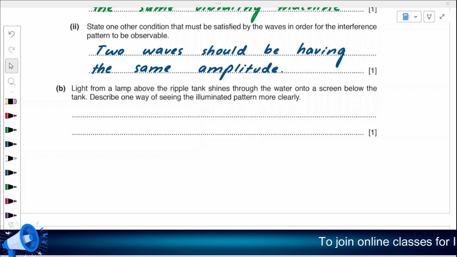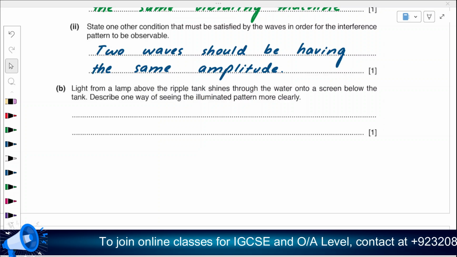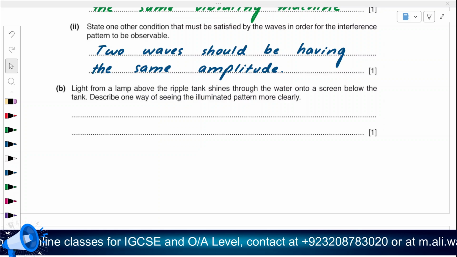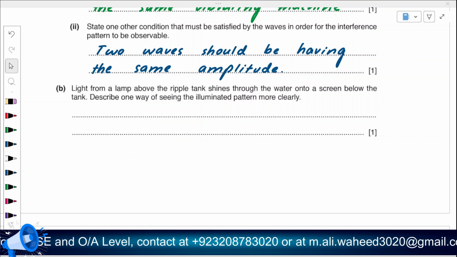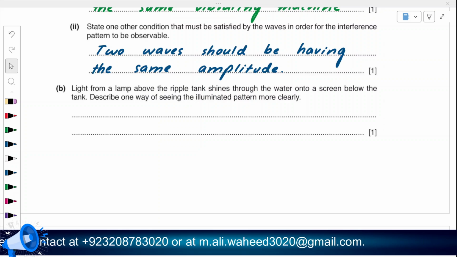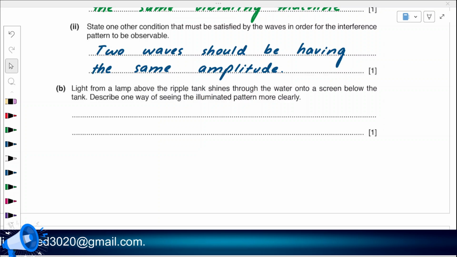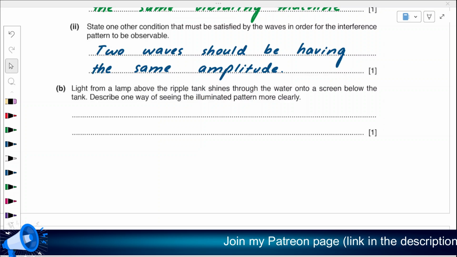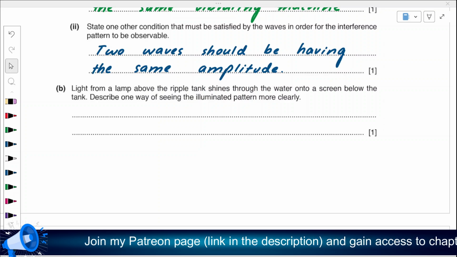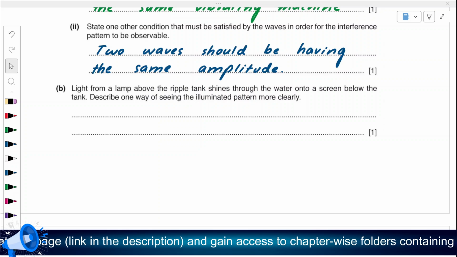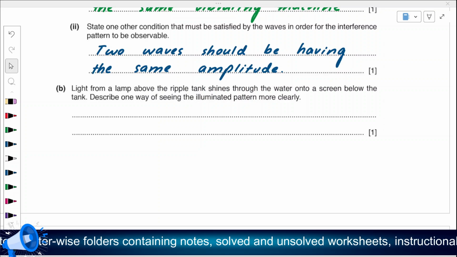Light from a lamp above the ripple tank shines through the water onto a screen below the tank. Describe one way of seeing the illuminated pattern more clearly. Okay, for this one, we can take pictures of the pattern at regular intervals.